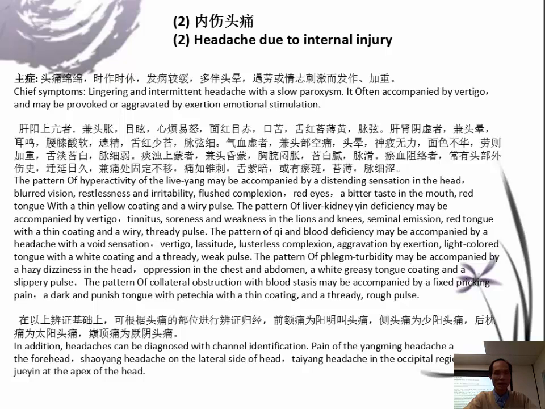important. Okay, and later on we can see the characteristics of those patients suffering from the headache due to injury. They will always have a history of injury in the head, and the pain there is stable, fixed. And how can you know that people suffer from stagnation? You just see from the tongue.